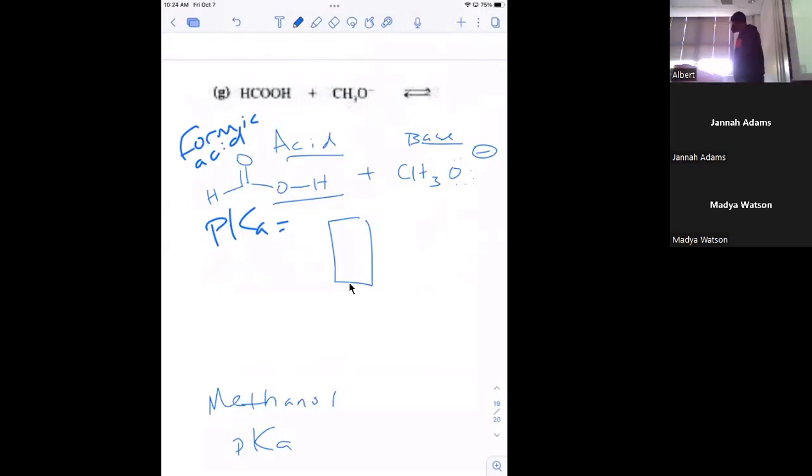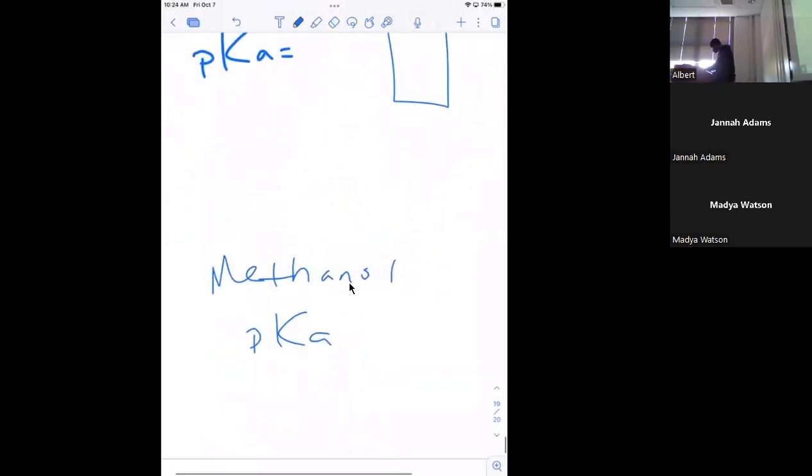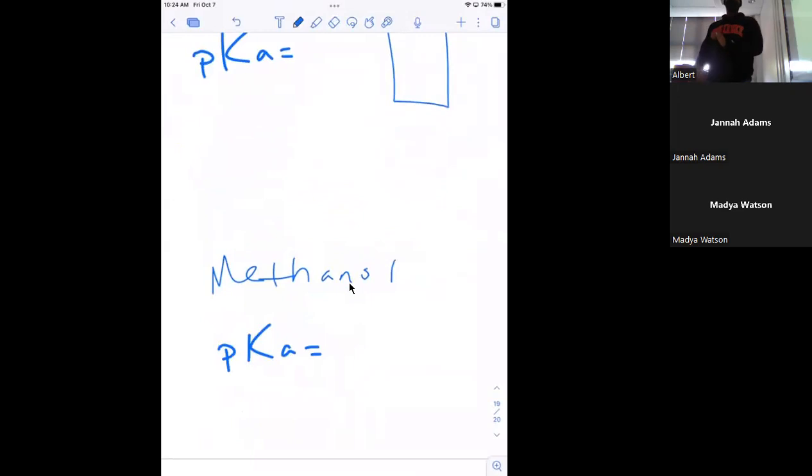Your alcohol is going to be somewhere between 10 and 17. So even if you don't have a chart, you can estimate the pKa of a basic alcohol like methanol to be somewhere around 16 or 17.